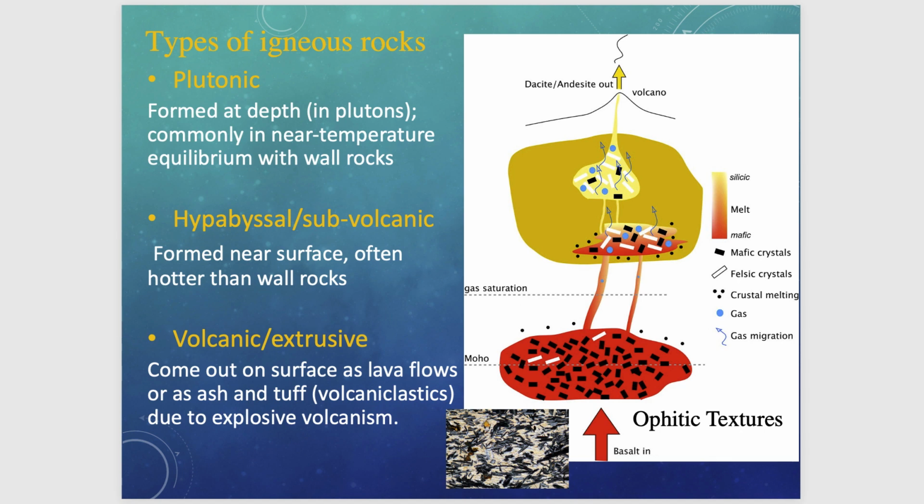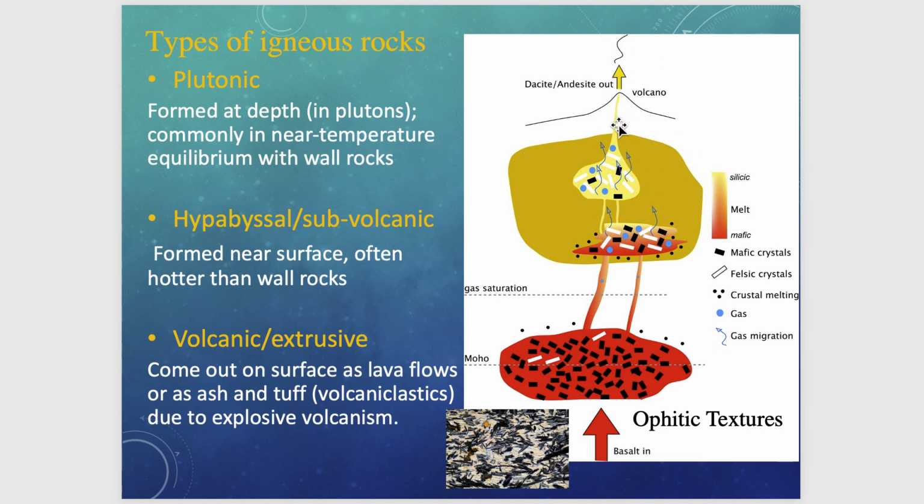So if we start from the bottom, the plutonic rocks will be the ones that form at depth, like this example here close to the Moho, or this other example. But as soon as these magmatic chambers become very close to the surface, so this is a volcano here, and we have some subaerial emissions.